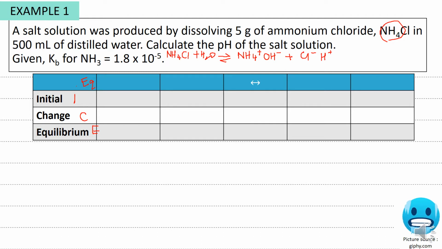So NH4 plus comes from the weak base, HCl is from the strong acid. So the weak base gives a strong conjugate acid, and the strong acid gives a weak conjugate base. So only the strong conjugate will have a reaction with water in hydrolysis.